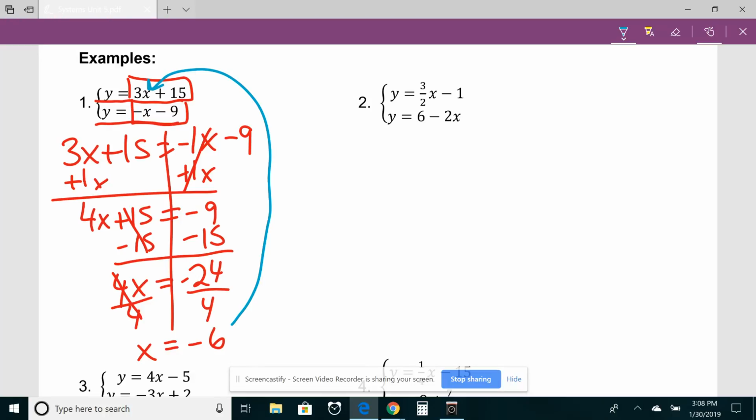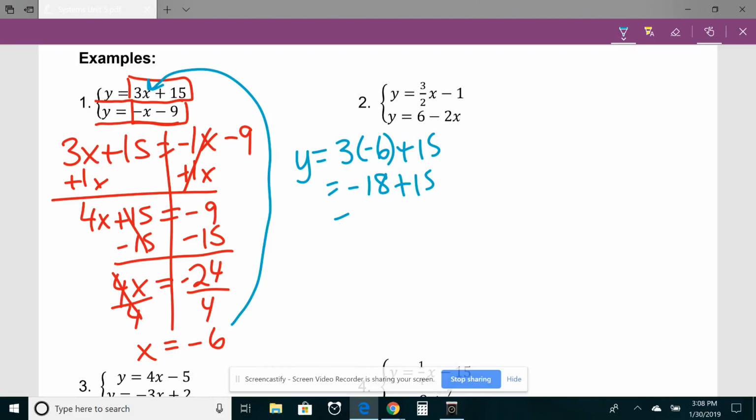You should get the same answer no matter what equation you plug it into. So we have y equals 3 times negative 6 plus 15, which is negative 18 plus 15, which is negative 3. And again, if I plug it into the other equation, I should get the same thing, right?